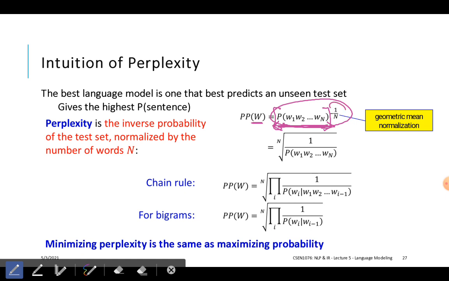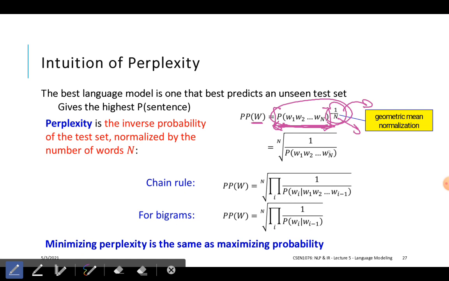But then we need to normalize it by the number of words in order to maintain a proper distribution of the probability across the sentences. So this is the length of a sentence. You compute the probability of each sentence, and then you divide it by the length of a sentence to maintain the overall probability of the test set in order to measure performance over the entire test set.